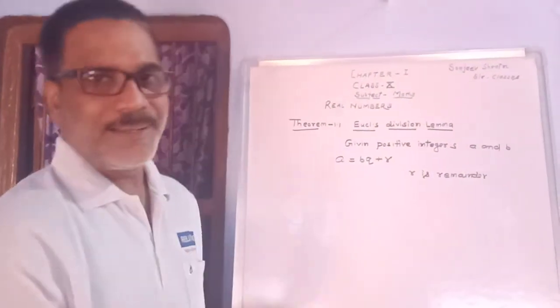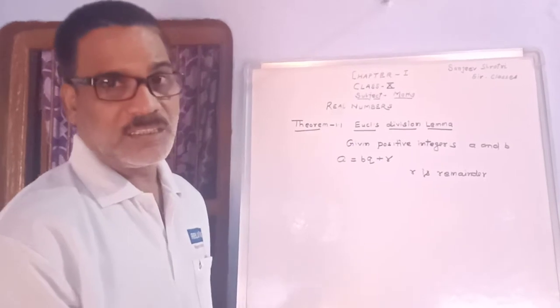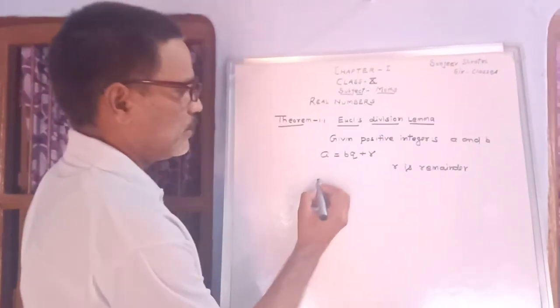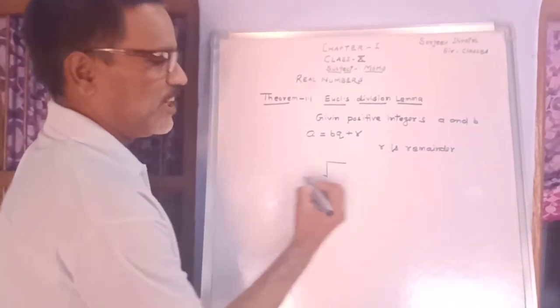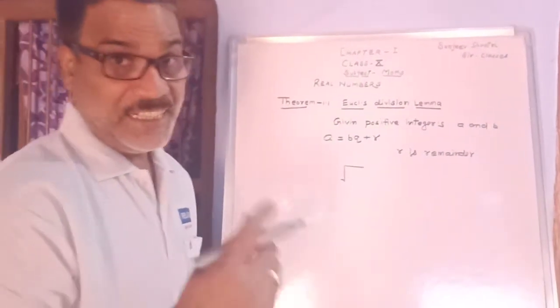When we divide a number by another number, we can get a quotient and a remainder.